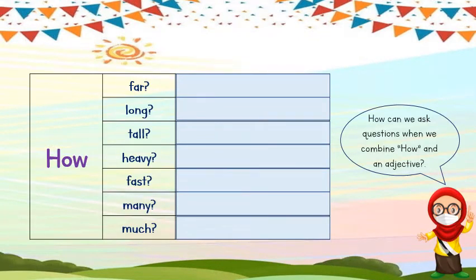So we have seen a few questions earlier. How can we ask the questions when we combine the word how and an adjective? For example, how far, what is it used for? How far is used to ask for distance, untuk tanya jarak.